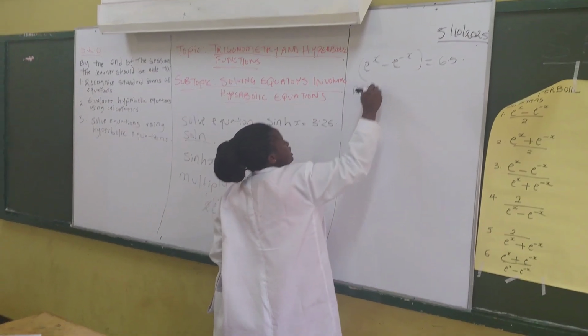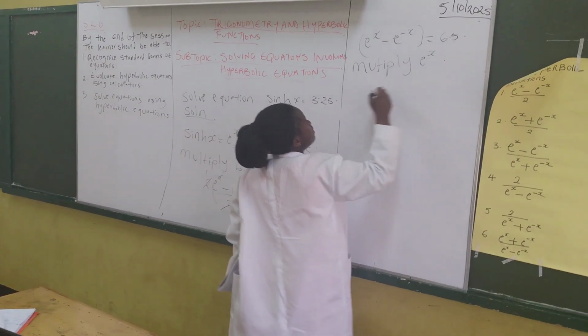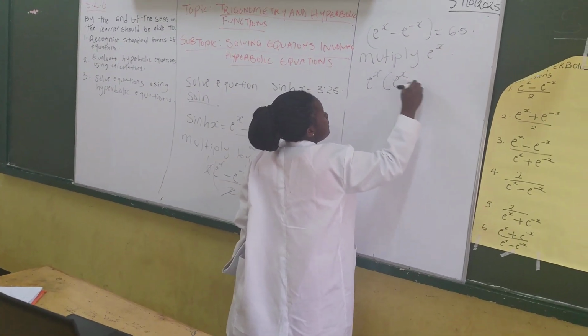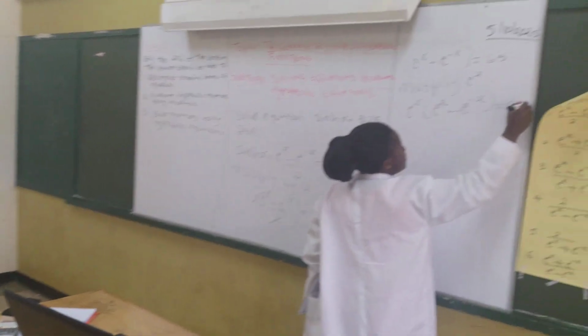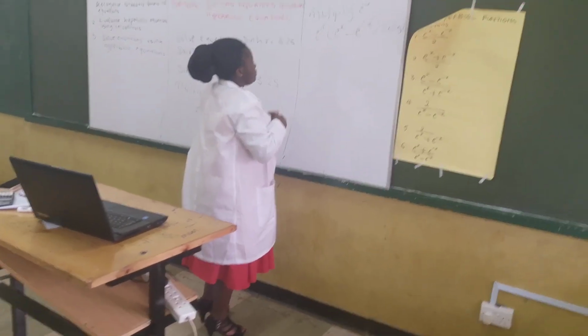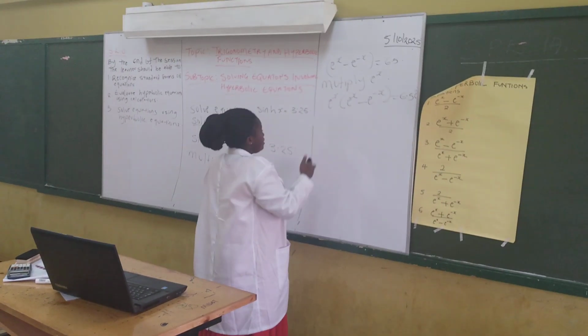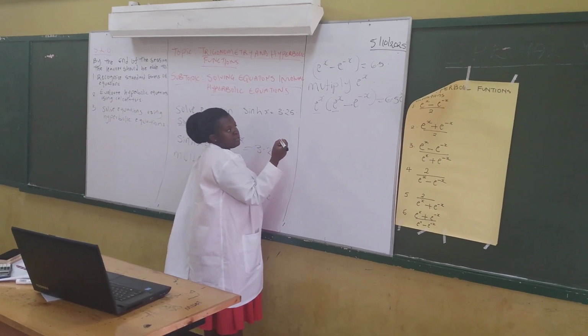Next step, multiply through by exponential of x. So it will be exponential of x times the quantity exponential of x minus exponential of negative x is equal to 6.5 exponential of x. When you multiply through, exponential of x times exponential of x, what do you get?